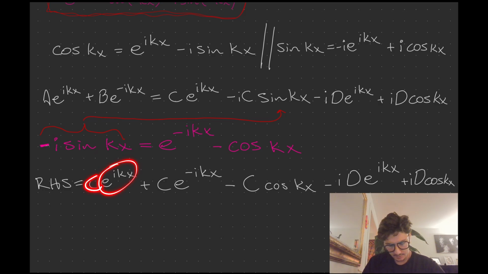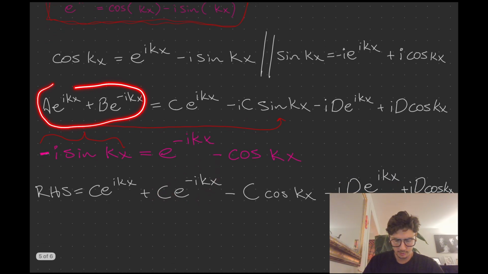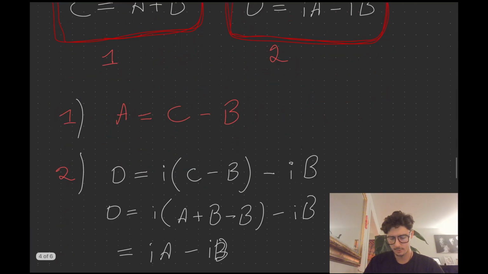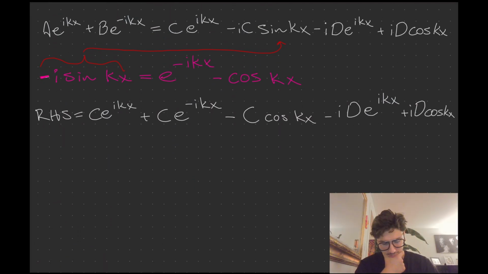Here we have a c e to the ix, c e to the minus ix. This is very, very similar to this, because this looks like c is equal to a plus b. Am I really just getting down to the same thing as before, bro?